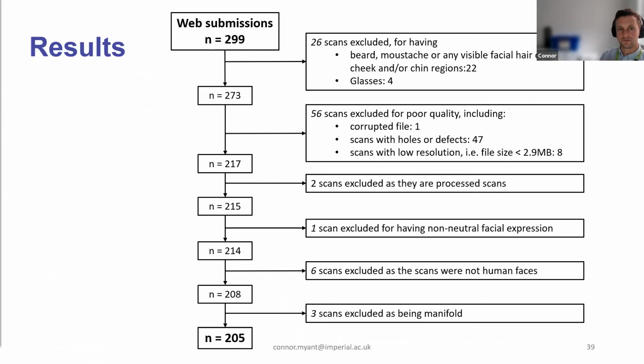And of that 205, we had a 96% success rate. And what we think that means is that we would have a 96% pass rate. So 96% of that 205 will have a completely bespoke mask, completely tailor-fitted to them.